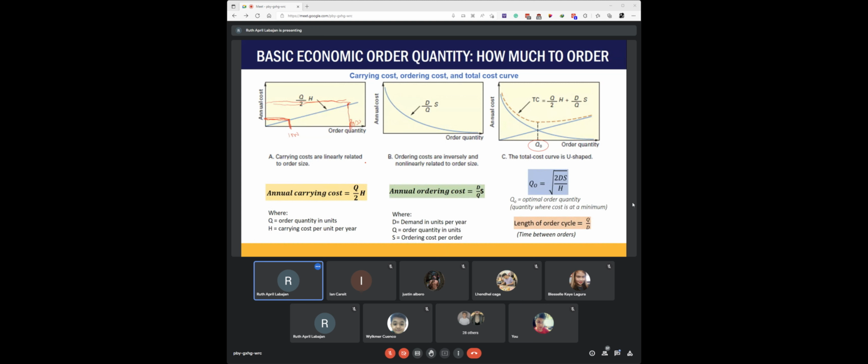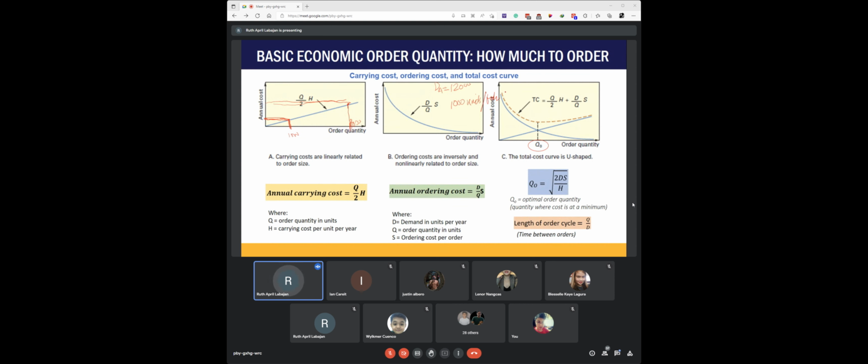On the other hand, ordering cost is the opposite. Ordering cost is usually inversely and non-linearly related to order size. Let's say that the annual demand in a year is 12,000. Then let's say you order only 1,000 units per order.